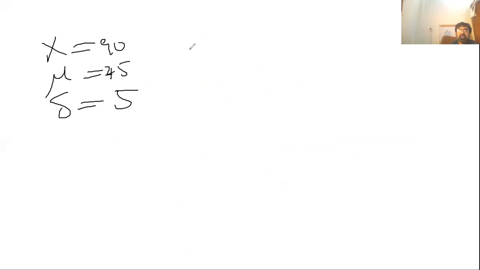Now first we have to calculate the z-score, because for calculating percentile, you need a z-score so that you can look the z value in the z table and find the area against this value, and that is necessary for calculating the percentile.